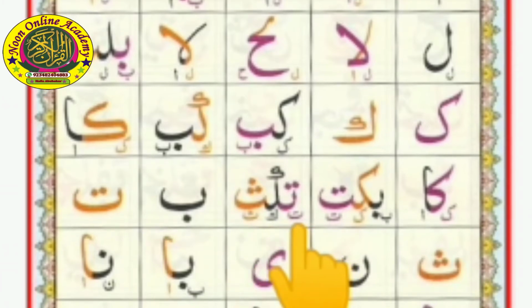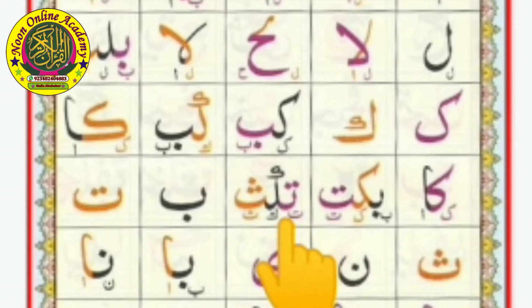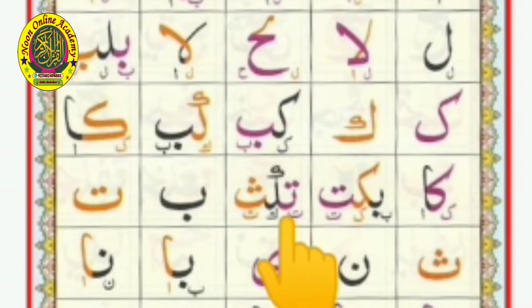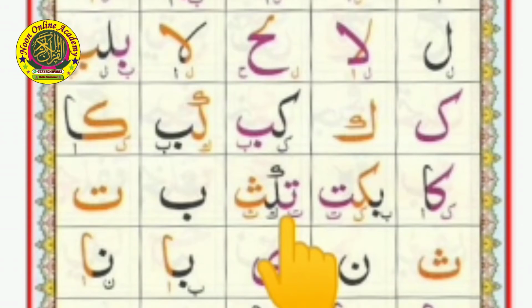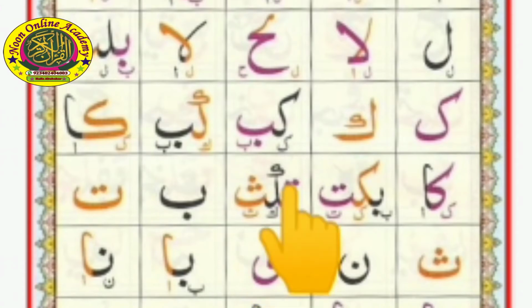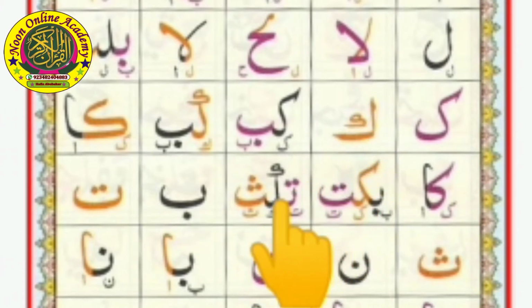This is a ta. This is the half shape of ta. Ta has one dot on top. Ta, kaf, this one, sa.